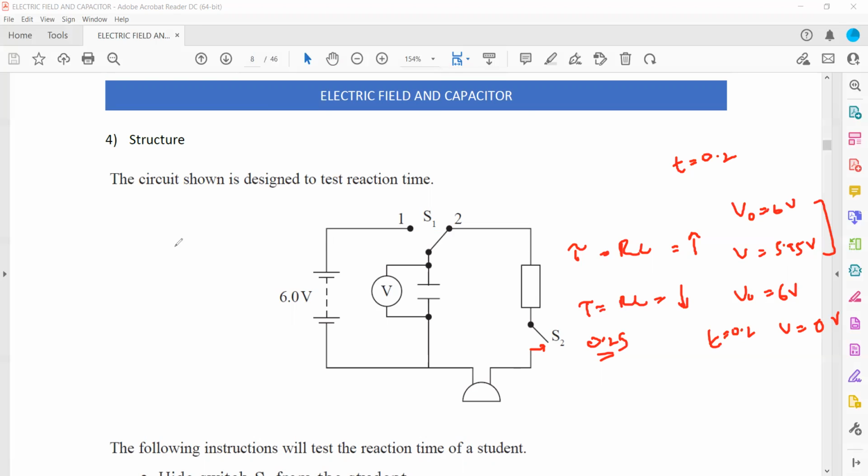So what we want is the time constant RC to be approximately 0.2 seconds, so that it won't discharge completely. It will still have some charge and it will be more sensitive because it will show a greater change in voltage. Is this part clear, like how we can make it more sensitive?